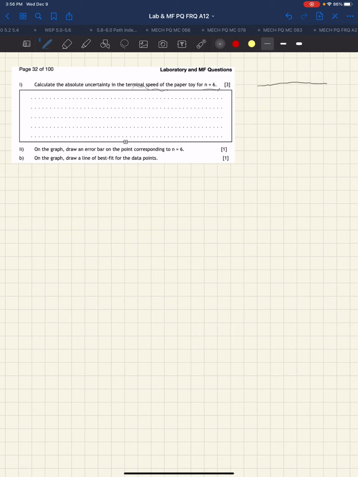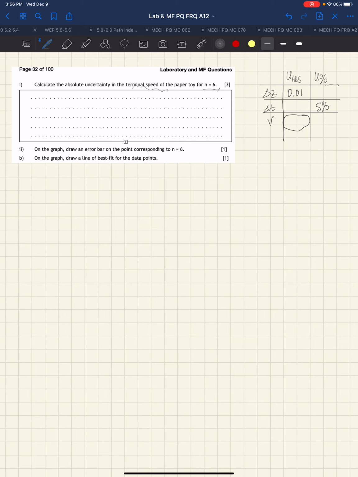We have delta Z, delta T, and V, and two different types of uncertainty for each: the absolute uncertainty and the percent uncertainty. For Z, we know it's plus or minus 0.01, the absolute. For delta T, we know it's 5%. For V, we know neither, but we're being asked to find the absolute uncertainty in the velocity.